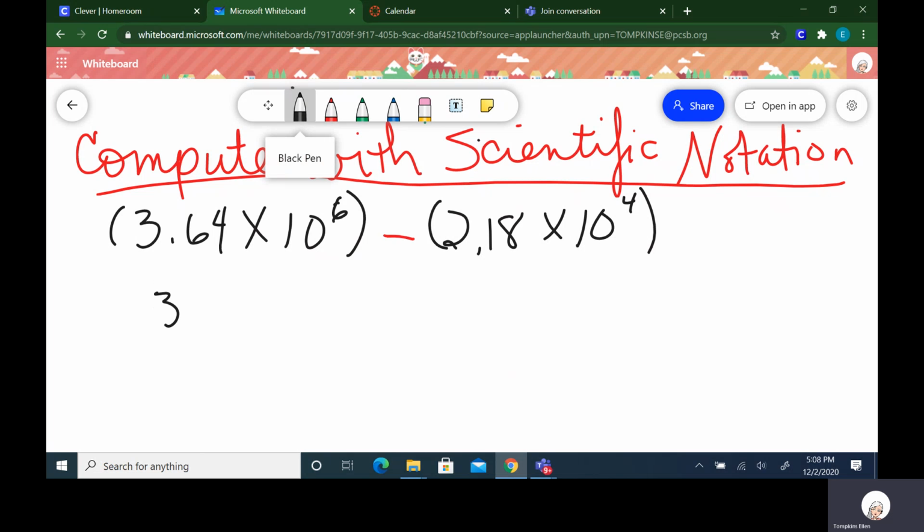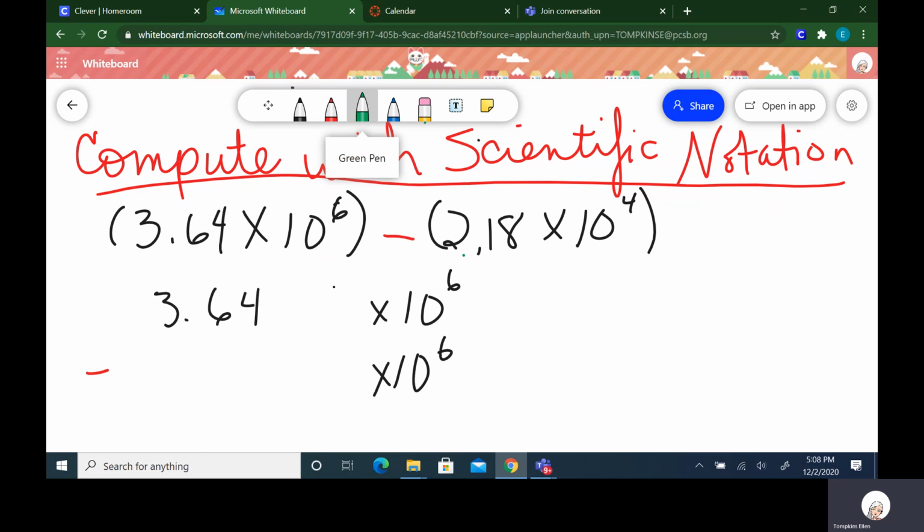So 3.64 times, I didn't leave my space, times 10 to the 6th minus something else times 10 to the 6th. Okay, so we're going to move this 1, 2. So it's going to be 0.0218.